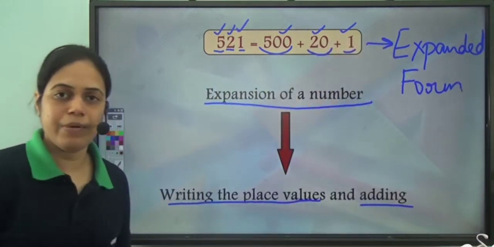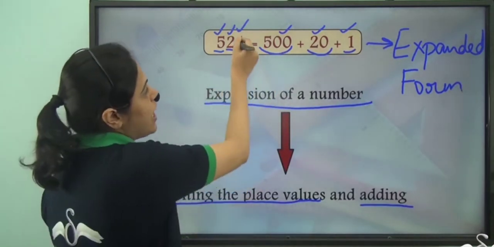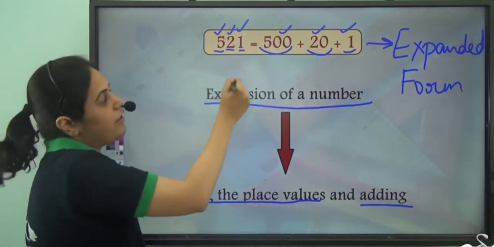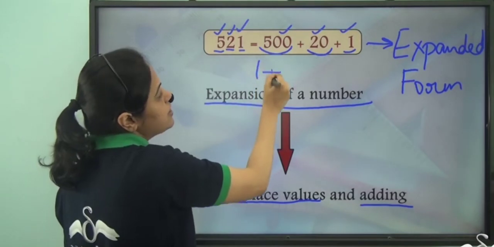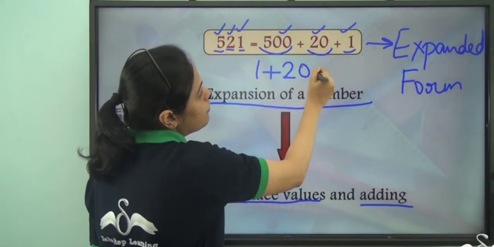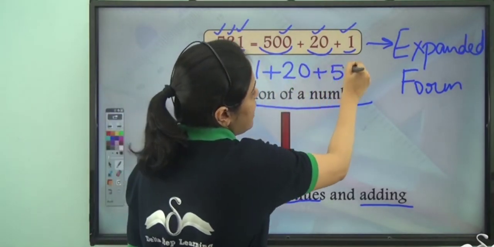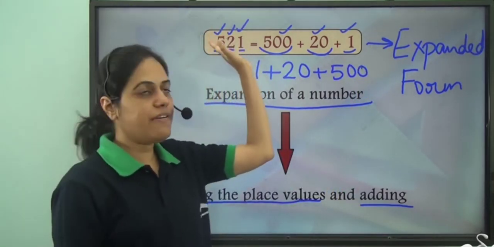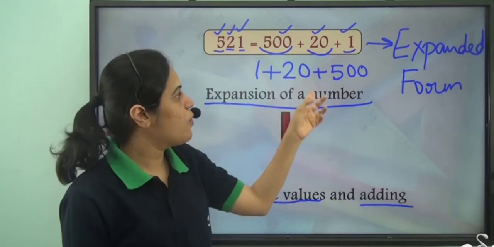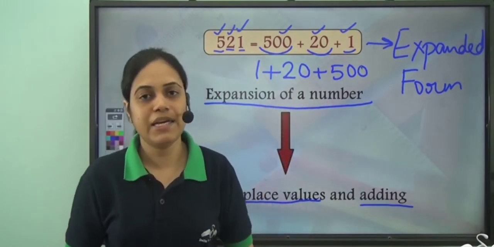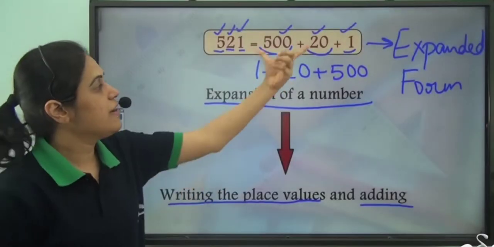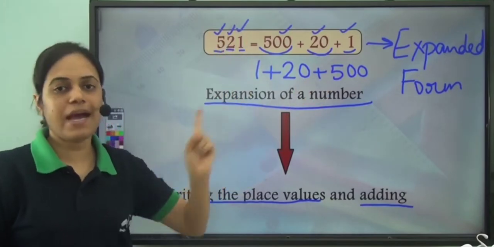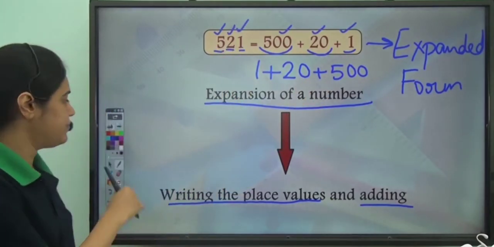I can also start with the place value of 1 first, then the place value of 2, then the place value of 5. It's all the same thing. So I can start from the left or from the right. Both are ways of expanding the number. And if you add these, you get back the original number.